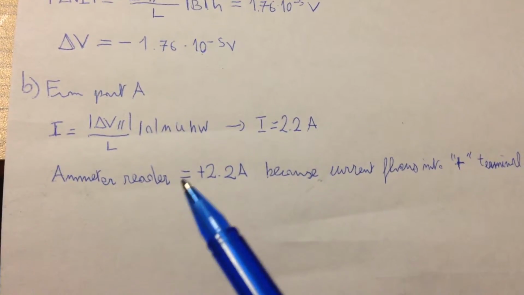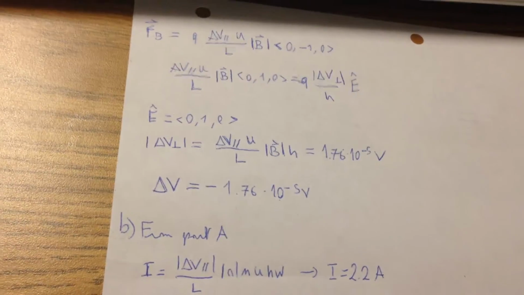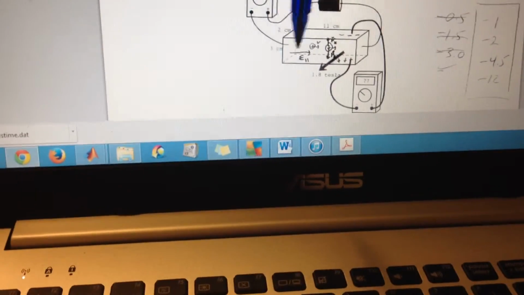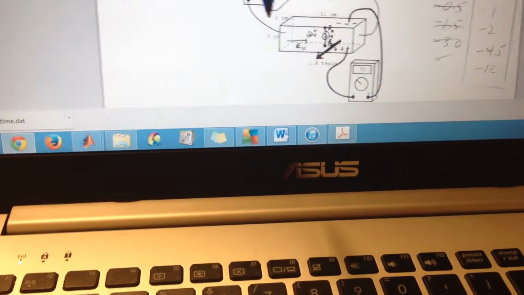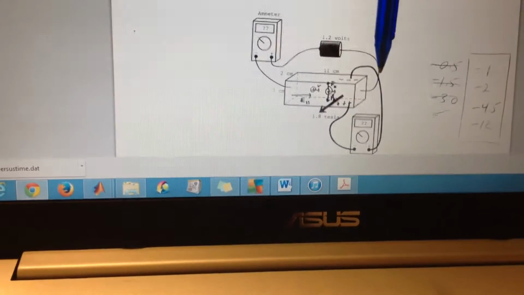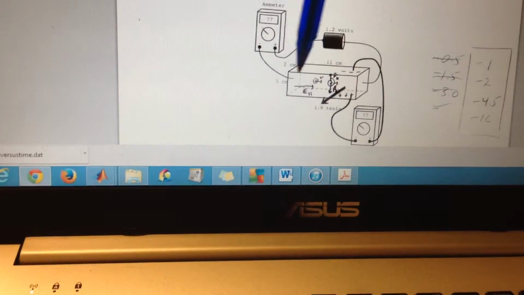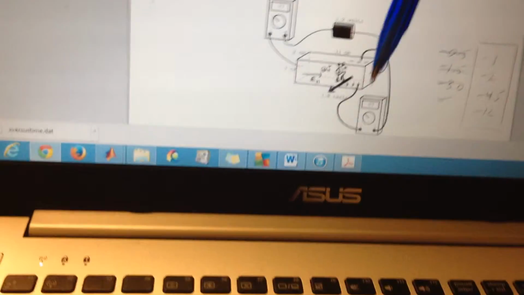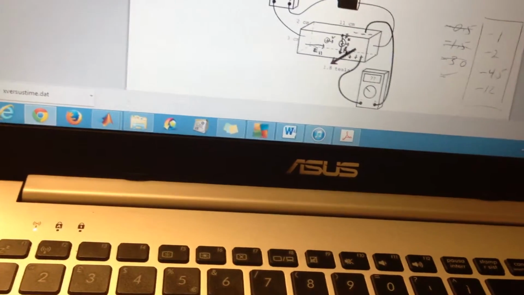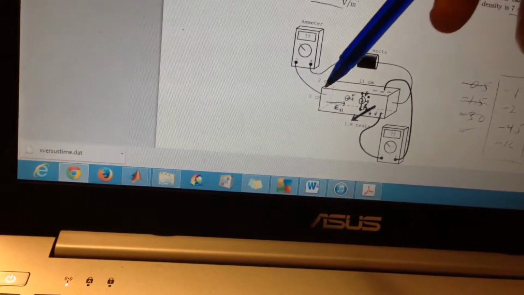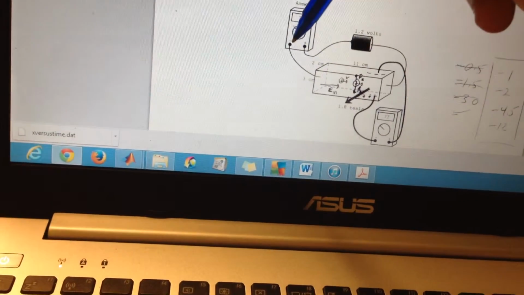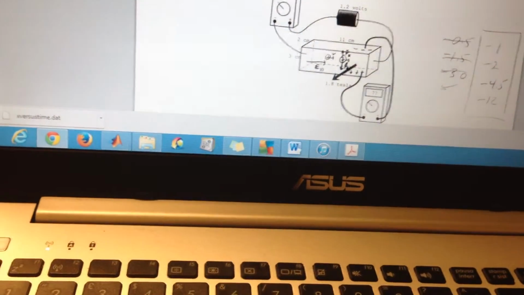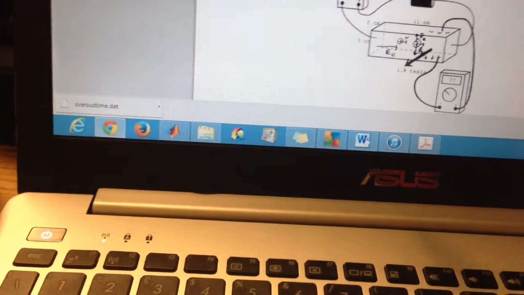But the ammeter reading will be positive, because, think about it, the current is flowing. The parallel electric field is flowing in accordance with the flow of the charges. It's got to go from positive to negative because the electric field always points towards the negative terminal. But if you see it, you can notice that this terminal is negative and the other terminal is positive.